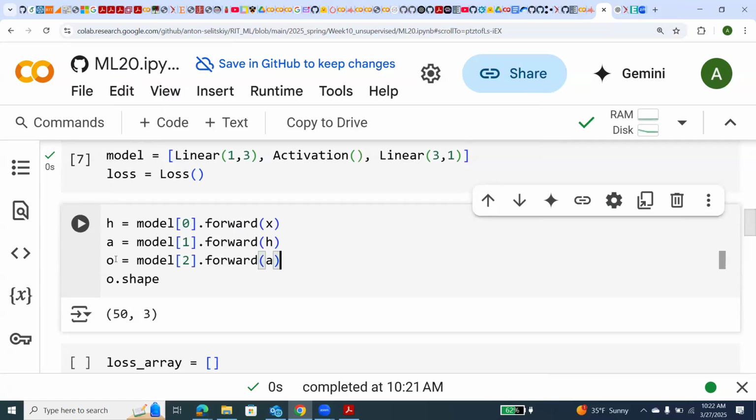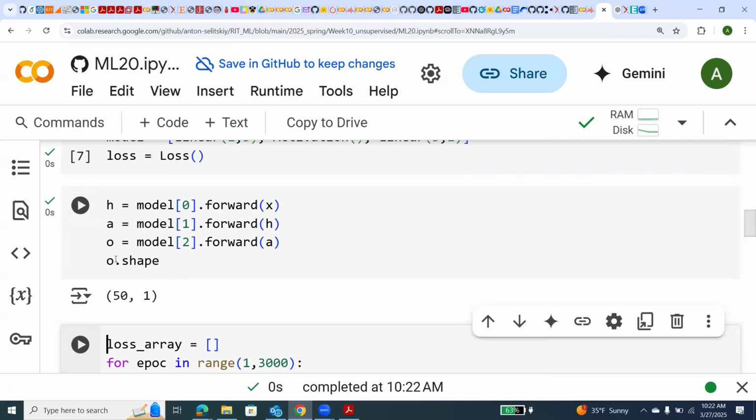And what will be the dimension of the output? Do you remember? It should be just one number, because we approximate just a function of one variable.